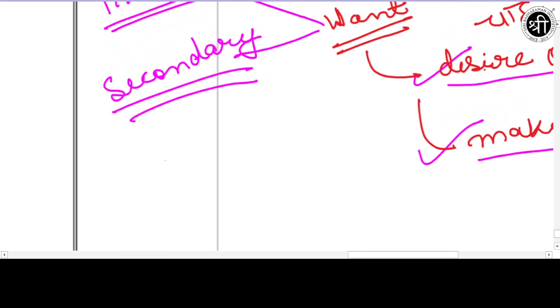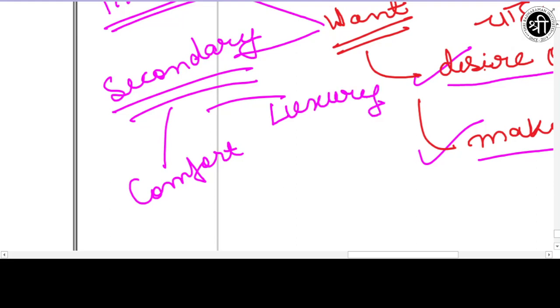The first one is what you call comfort, and the second one is what you call luxury. Now what is comfort and what is luxury? Both of them fall under the ambit of the secondary want, but comfort means that if you have this, then life will be easier. Like if you have a house but you don't have electricity, you will face numerous problems.